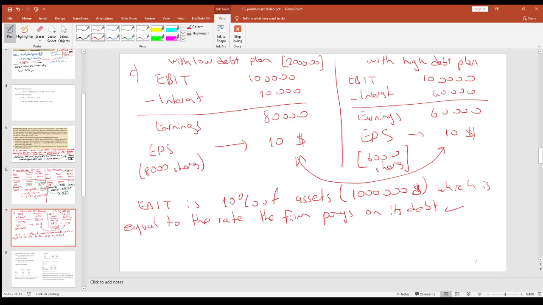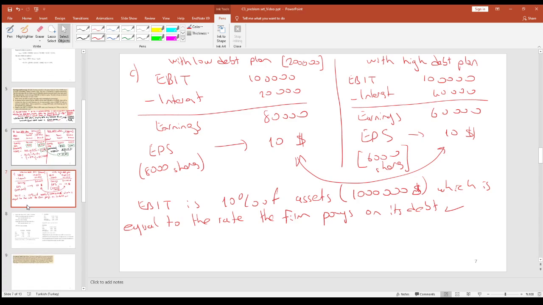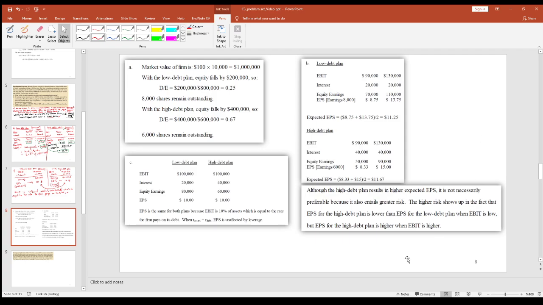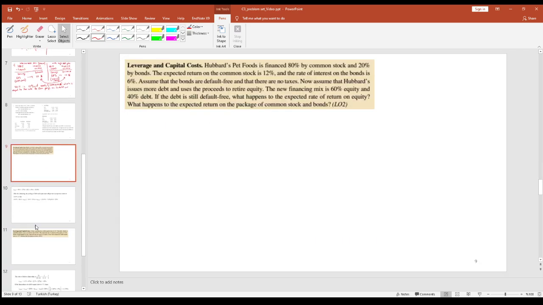If you have such a situation, then there is an indifference case here. So let me move on. You can also check this. Let me give you 2 or 5 seconds to see the answers here. And here we have another problem. In this problem, again we have a situation of leverage and capital cost. So let's take a look.